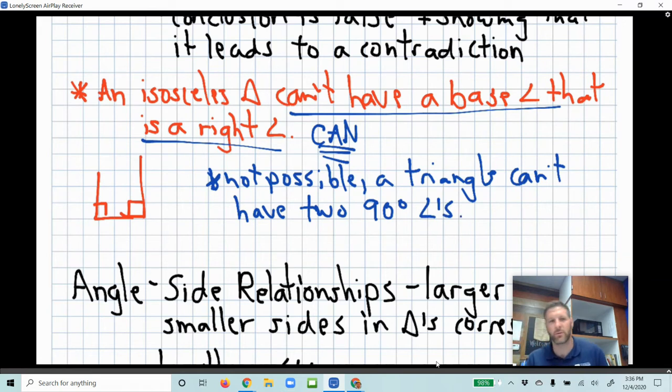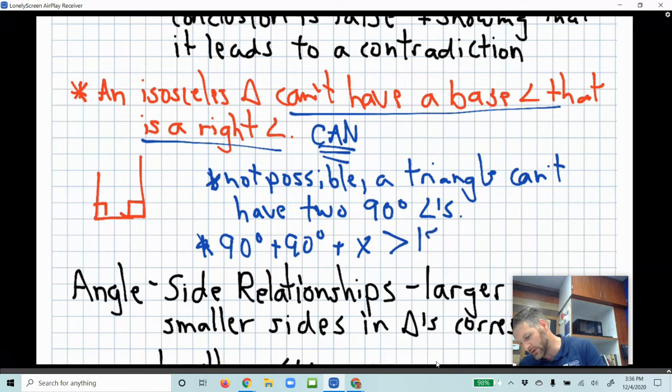You can see that visually from what I sketched on the left, but you can also do it numerically, because all the angles of a triangle have to add up to 180. If you have two 90-degree angles, then 90 degrees plus 90 degrees plus whatever the third angle is, let's call it X, is guaranteed to be greater than 180 degrees, which is not possible inside a triangle.